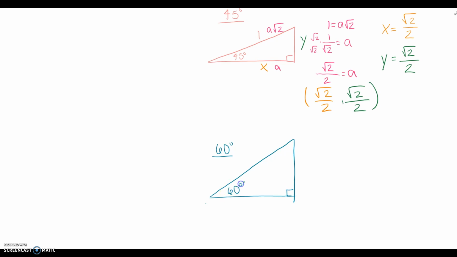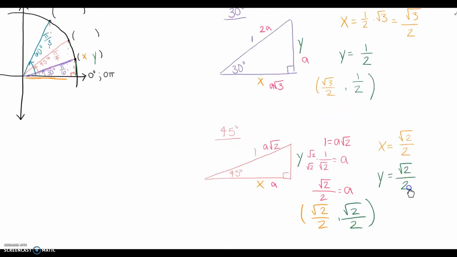60 degrees here. Again, my hypotenuse is 1. This distance is horizontal distance, which is x. This distance is vertical distance, which is y. And then x is now a, and y is now a root 3. And hypotenuse is still 2a.